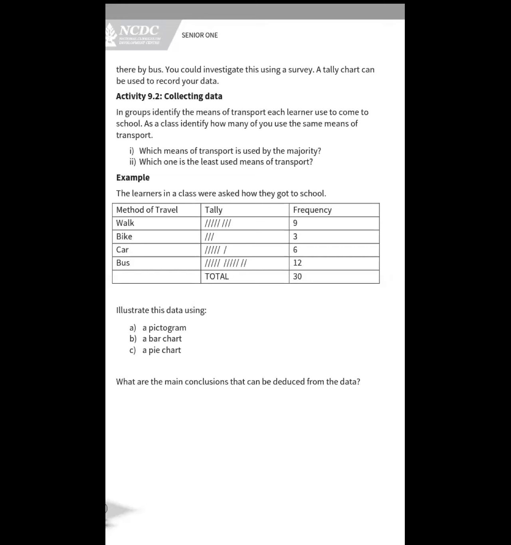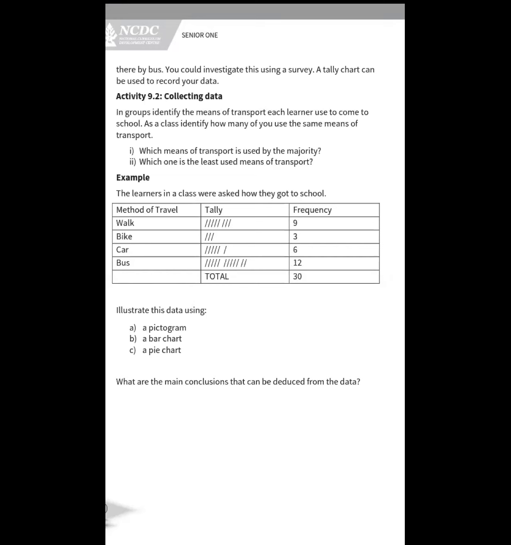someone to explain for us what a pictogram is. Anyone? A pictogram is like a table, but there are no tallies and frequencies.